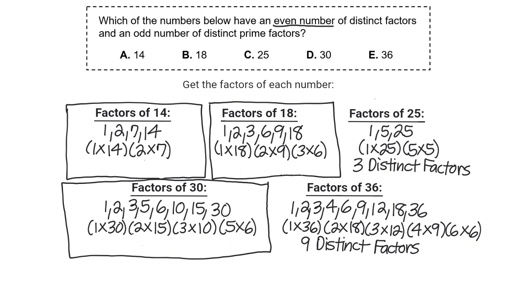We already know that 25 and 36 are incorrect answers, so I'm going to cross those off. Then in blue ink, I'm going to circle the prime factors of each of these numbers. Looking at 14, it has prime factors of 2 and 7. In other words, it has 2 prime factors.